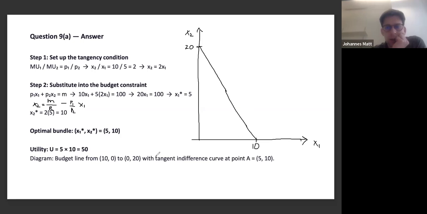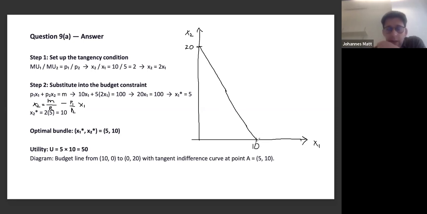So Angela is asking, how did I get the 20? Well, the 20 is the maximum amount of vegetables I can consume. So I set x1, the amount of steak, equal to 0, right? I have m equal to 100, my budget is 100, and the price is 5, and so 100 divided by 5 is 20, and that's therefore the maximum amount of vegetables I can buy, and so I put that at this point here where x1 is equal to 0 and x2 is equal to the maximum.